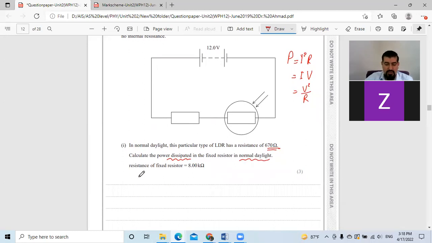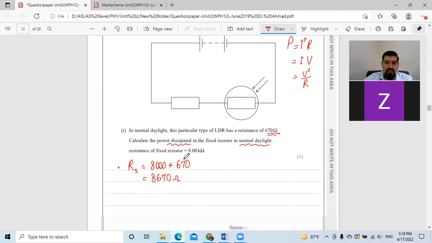So what I will do here, I will say that the resistance in series is equal to 8,000 ohms plus 670 ohms. Why do I do that? I need to find the combined resistance in series so I can find how much current passes through the circuit. So it will be 8,670 ohms. Second step.